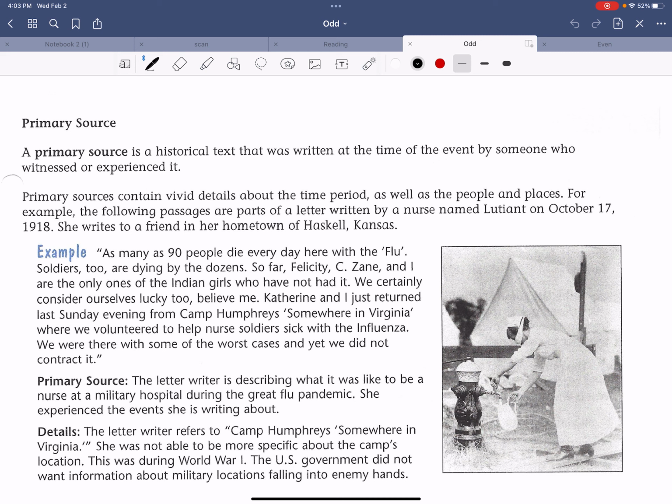Primary sources contain vivid details about the time period, as well as the people and places. For example, the following passages are parts of a letter written by a nurse named Lucient on October 17, 1918. She writes to a friend in her hometown of Haskell, Kansas.